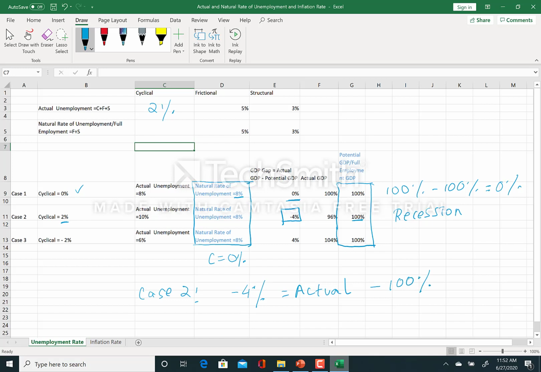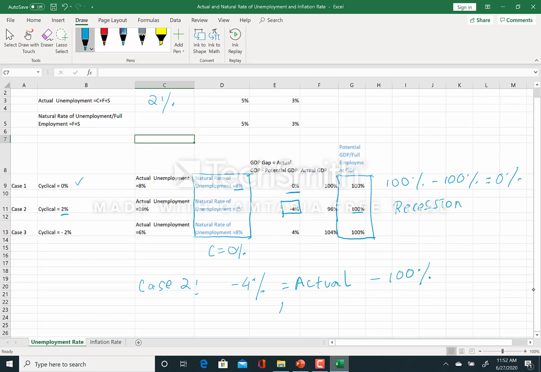If I just change sides here, my actual will be equal to, let me just write it down here. I'm just going to take the 100 over to that side, so negative becomes a positive. Actual becomes equal to 96%. So here we go. That's how we get the 96%.